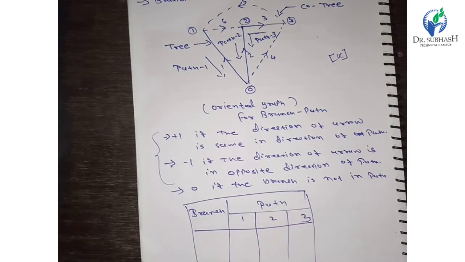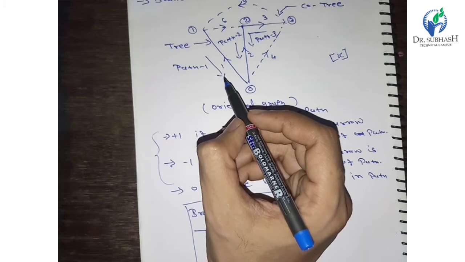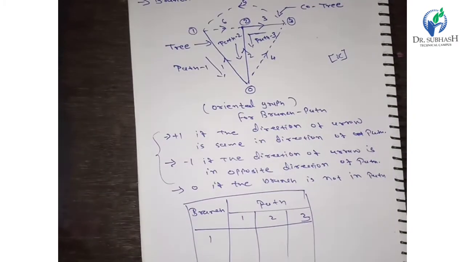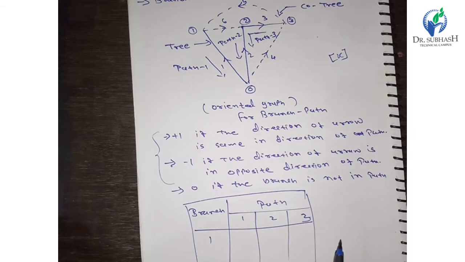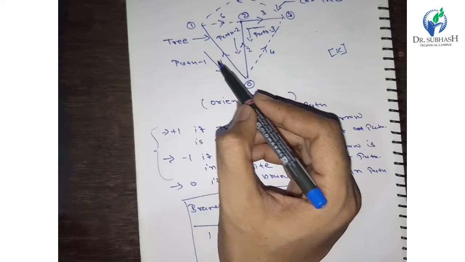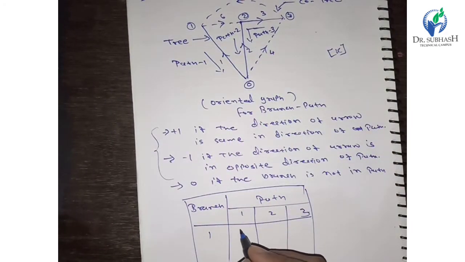So when we consider branch 1, the path 1 is in the opposite direction. Here path 1 and branch 1 are in opposite direction, so we take the value of path 1 as -1.